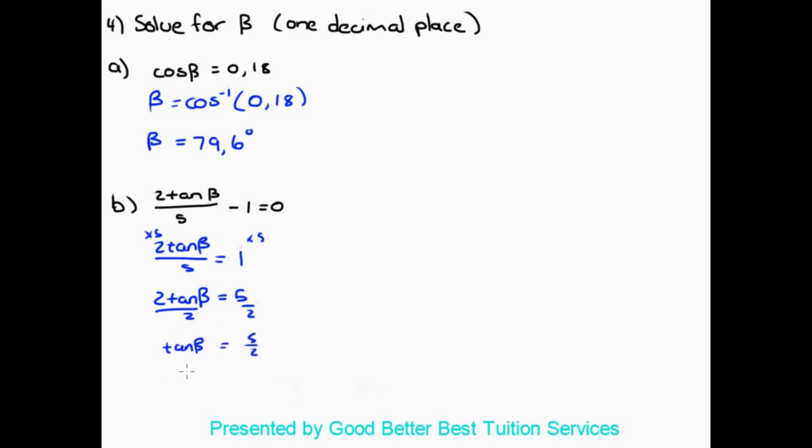Then to get beta by itself we shift tan across, so we get tan to the negative 1, 5 over 2, and once we put that in our calculator we get that beta is equal to 68.2 degrees rounded off to 1 decimal place.